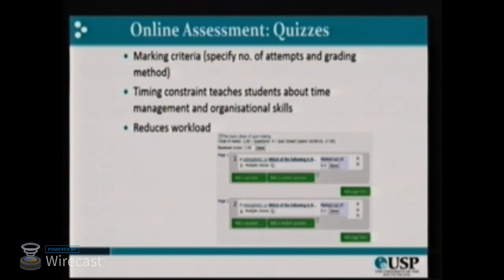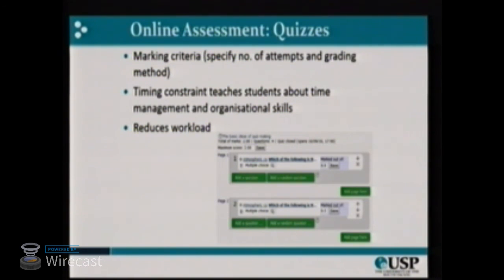Online assessment, so quizzes, for example. I learnt this last year from one of my colleagues, John. It's an effective way to engage students in assessment, and also to make my job easier so that I can put my time into other ways of either improving my courses or into research or administration, etc. The timing constraints that are associated with quizzes really teach students about time management and organisational skills.